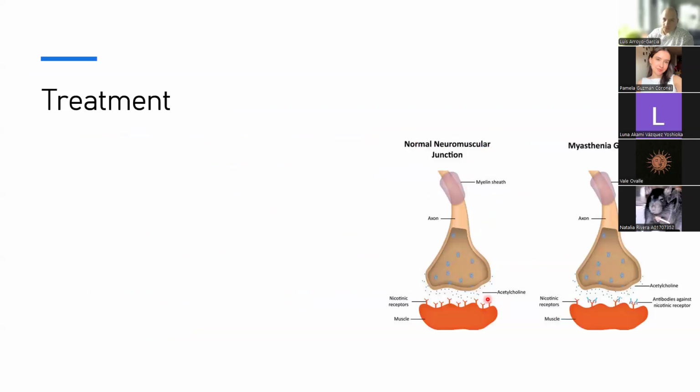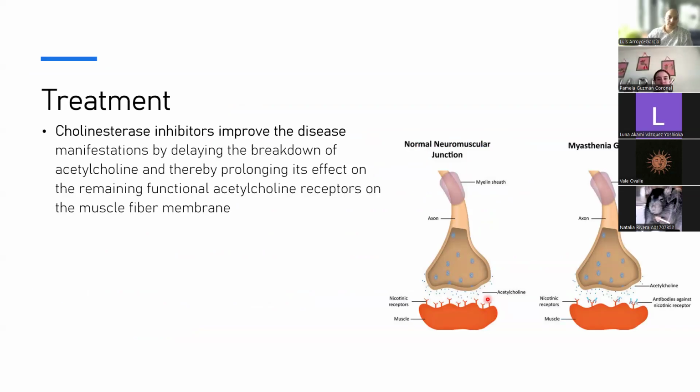Now, to treat it is what we talked about before, right? In this case, cholinesterase inhibitors can improve the disease manifestation, so then you have more acetylcholine to bind to the receptors.